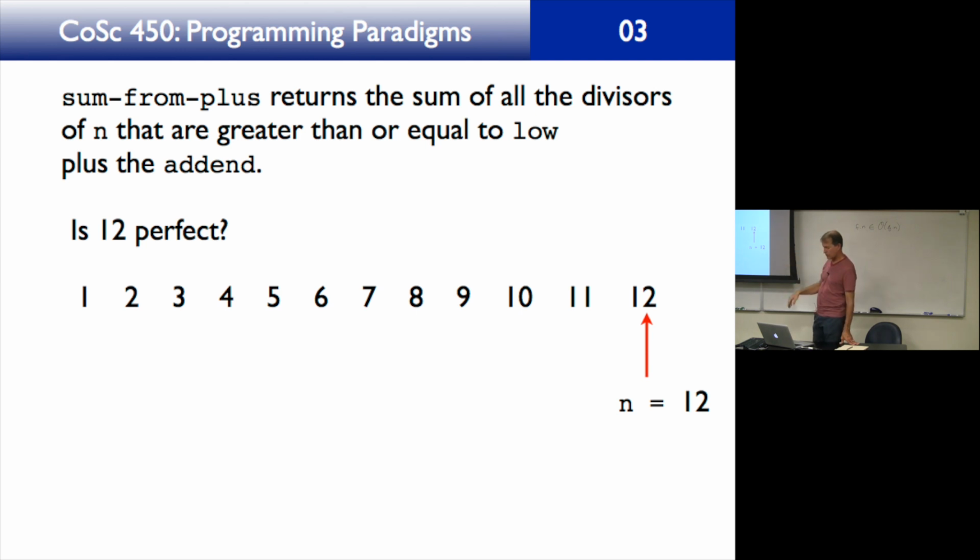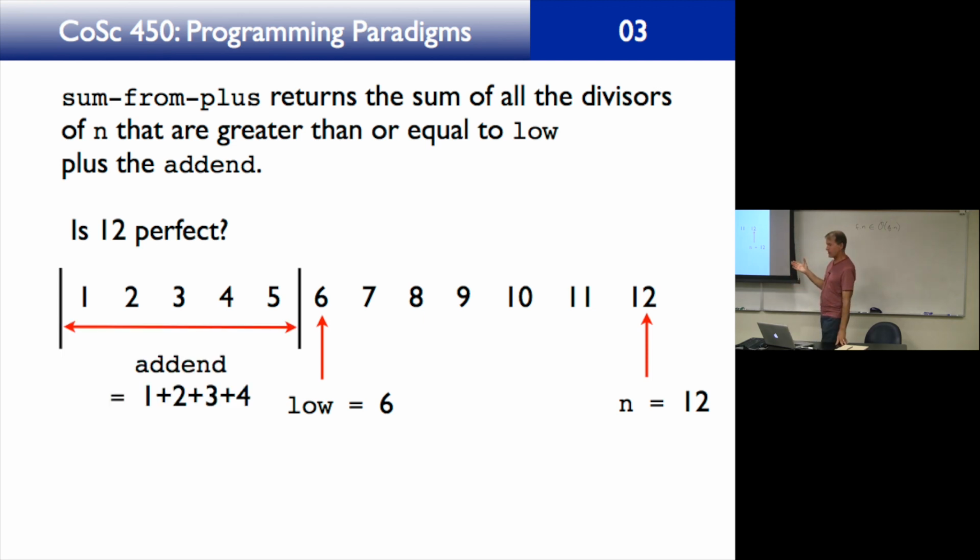Are you with me? The example that we gave was a low equal to 6, right? So now if n is 12 and low is 6, what will the addend be? This is going to be the invariant.